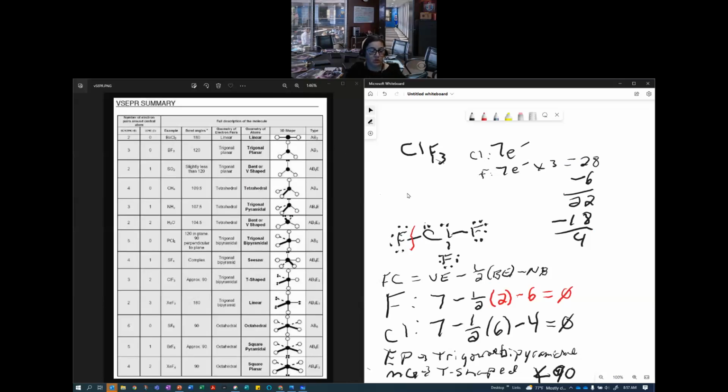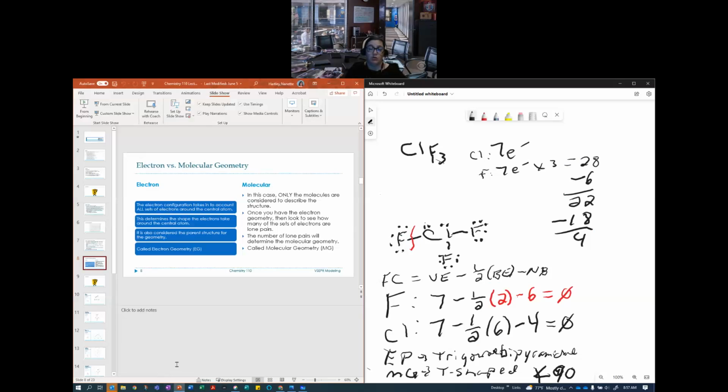Okay, so that would take care of the majority of the questions that we would get around this kind of thing. So electron pair geometry, molecular geometry, bond angles, how many bonding pairs, how many non-bonding pairs, those kinds of questions would be what we would expect on a test. So my expectation is that you would get a molecule, say, and okay, draw me a Lewis structure.